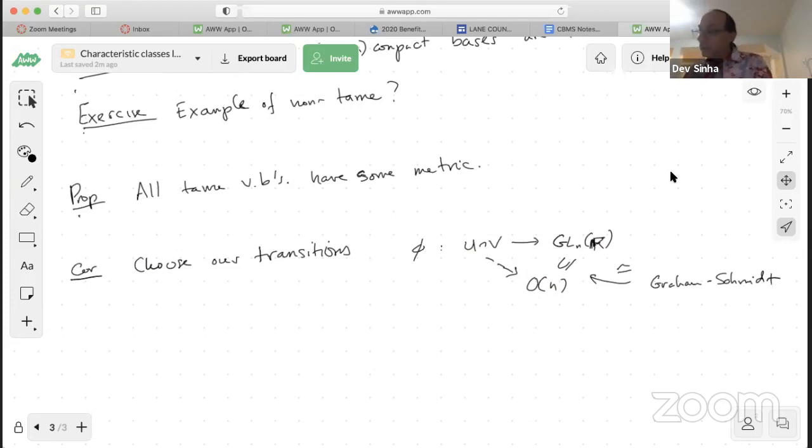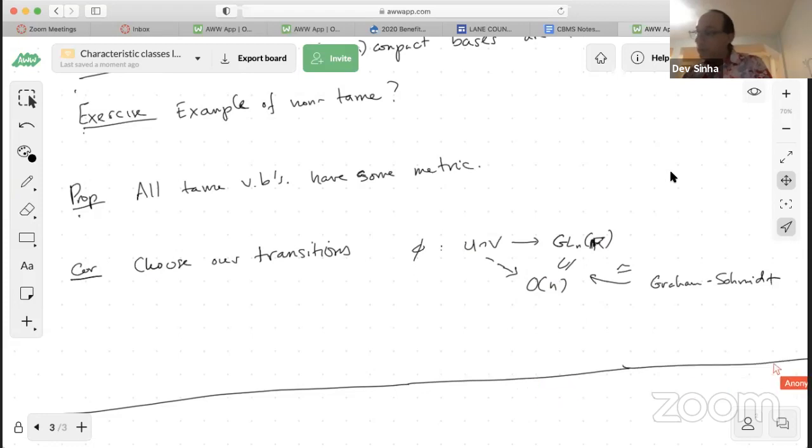Let me give two more exercises. That's about all I wanted to do for new material this time. Two more exercises. One is one of my favorites in basic topology.